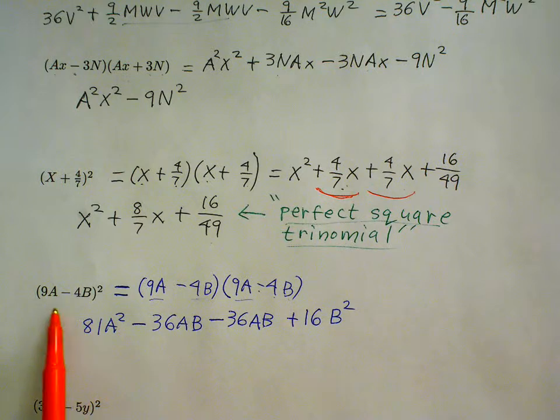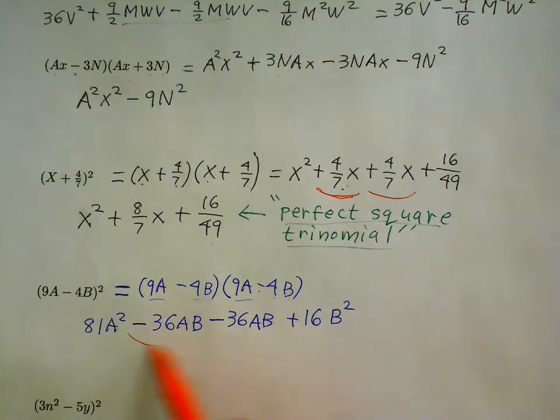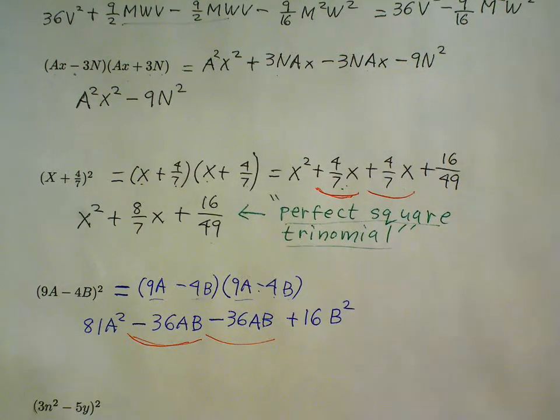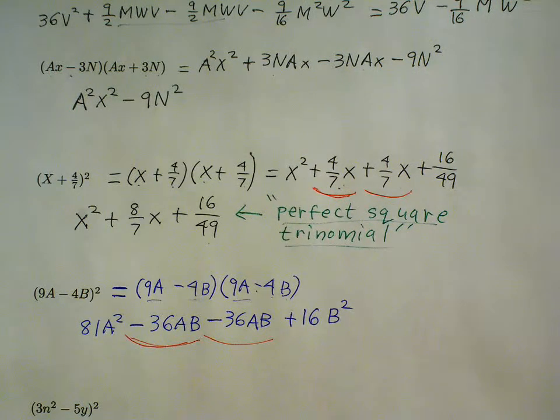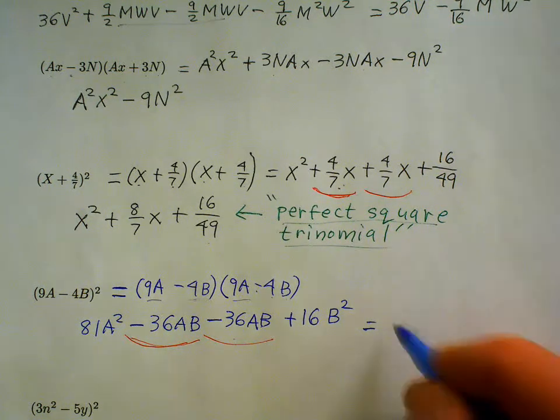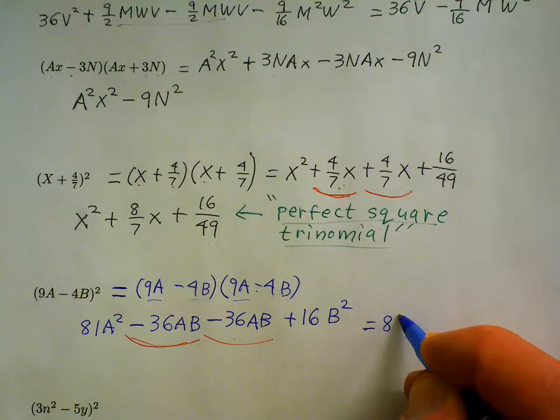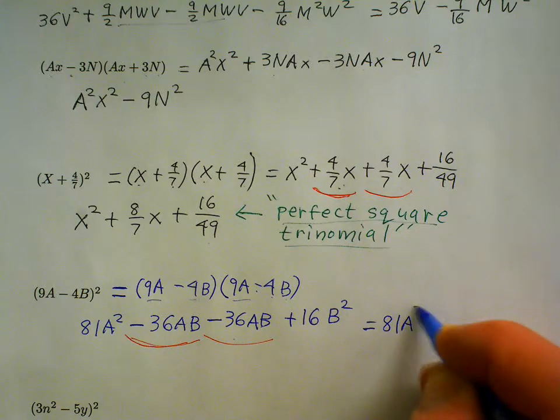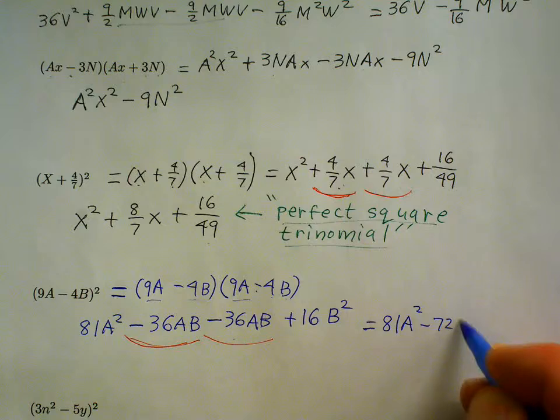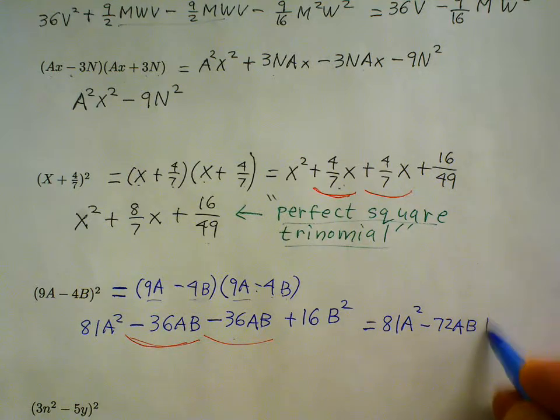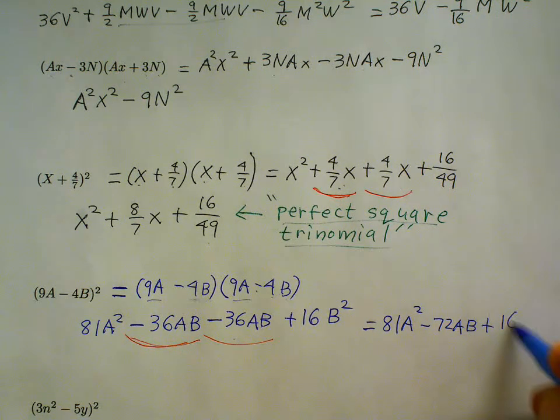This time we're squaring the binomial 9a minus 4b, and the two middle terms are identical, minus 36ab minus 36ab. That is always going to happen whenever you square a binomial. The second and third terms are like terms, so we can simplify further. We get 81a to the second minus 72ab plus 16b to the second.